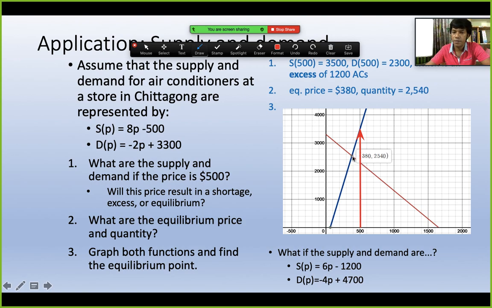Equilibrium is here. So $500 is not equilibrium, and actually you can see it here also. Equilibrium price is $380, which is somewhere here. So this 500 is too much.